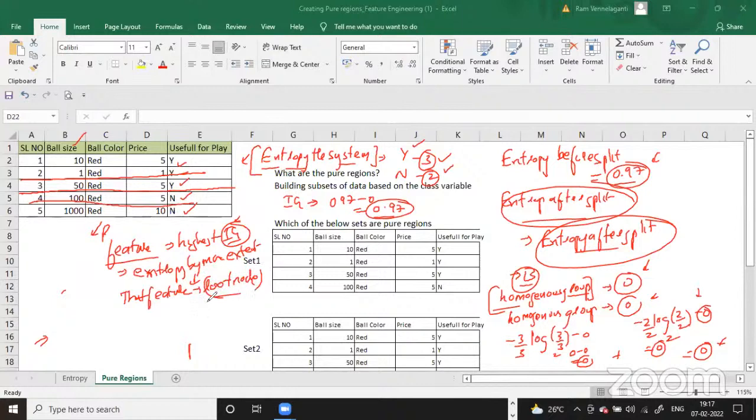So this is the manual calculation you are doing, finding out your entropy and your information gain.